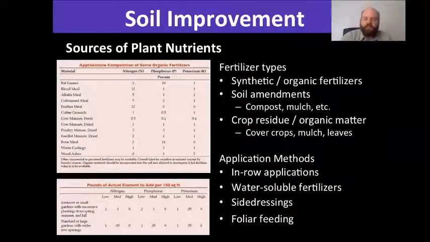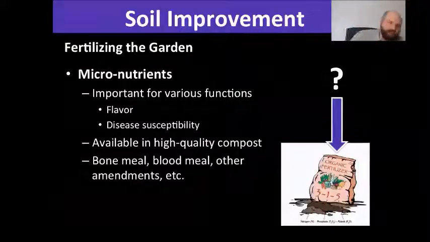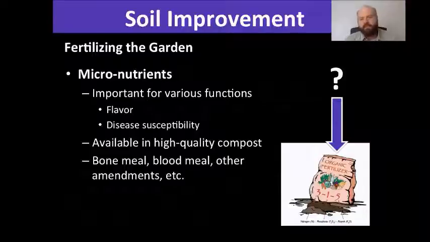It is really important to make sure you're using micronutrients. Micronutrients aren't used in a large amount, but they're really important, especially for vegetables. Many of them are really important for fruit quality, calcium and potassium in particular. Sorry, potassium is a macronutrient, excuse me. But calcium in particular is really important in tomatoes for fruit quality.